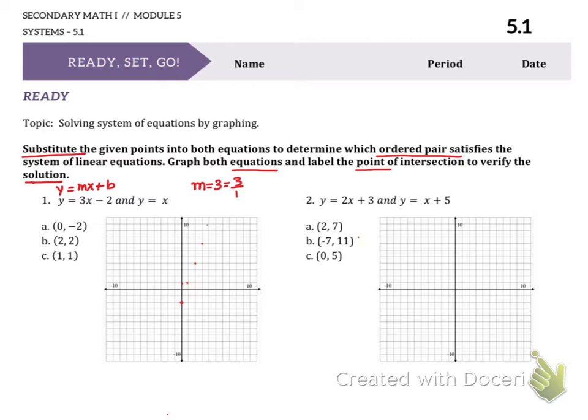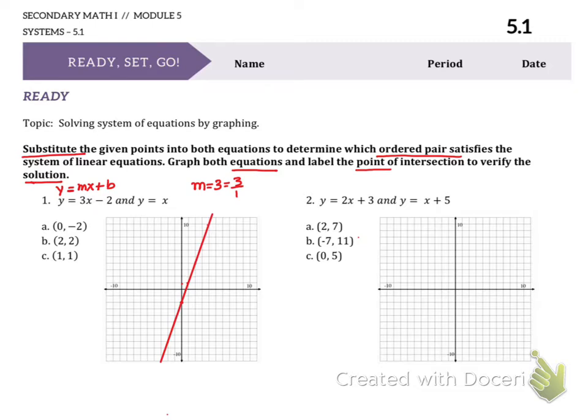If we want to go backwards, go left by 1 and down by 3, left by 1, down by 3, and we can always draw a line passing through these points. So that's going to be my line.